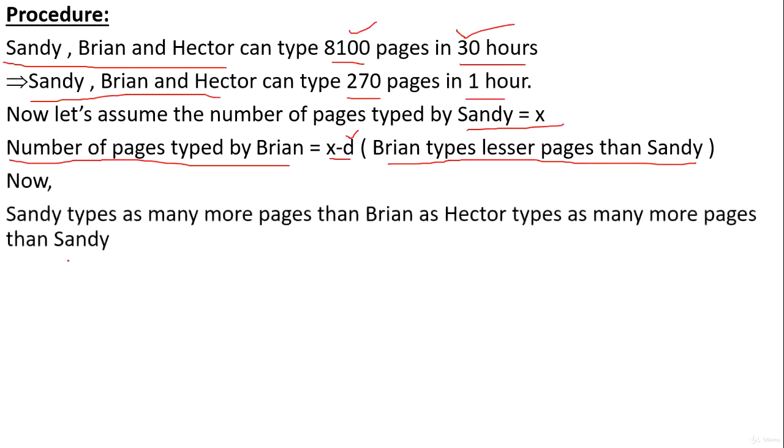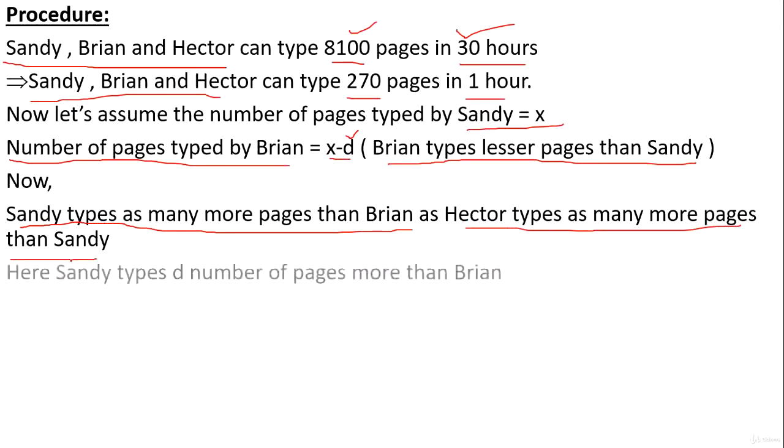Now Sandy types as many more pages than Brian as Hector types as many more pages than Sandy. It implies that Sandy types d pages more than Brian, which is already given. And second thing is Hector types as many more pages than Sandy.